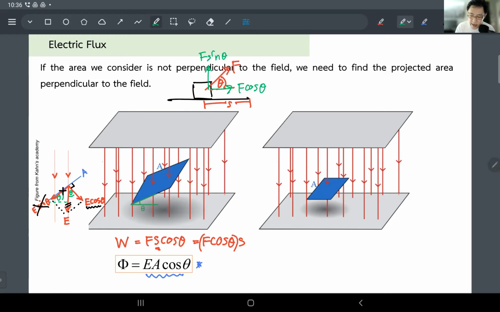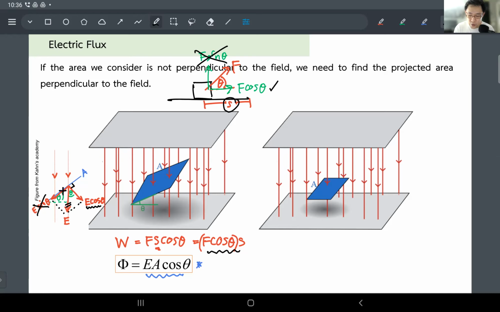And you said that F sine theta doesn't do any good. It doesn't create any work done. That's why you only take the F cosine theta, multiply by the displacement, and hence you get this product, F cosine theta multiplied by S. That's your work done, right?